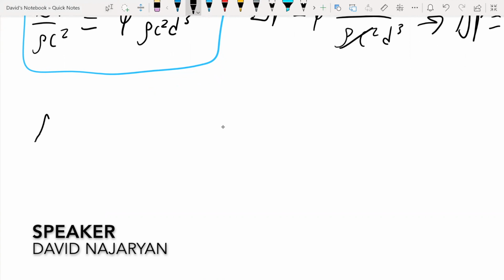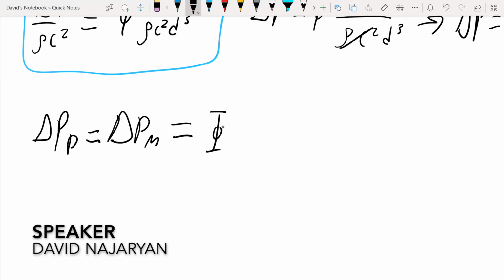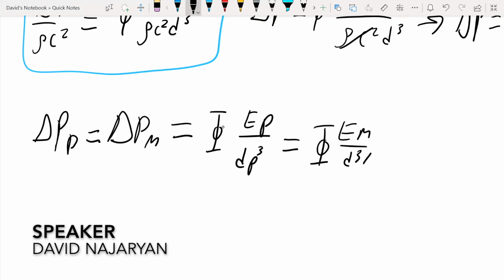So now we have our prototype's pressure equals the pressure of our model. This is stated in the question. So then we have phi of the energy release of our prototype over its distance cubed equals this.